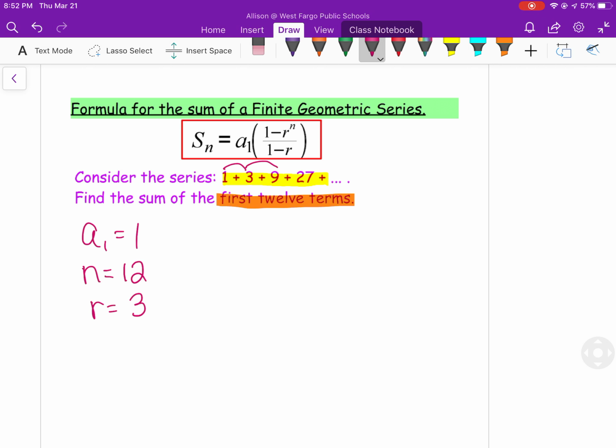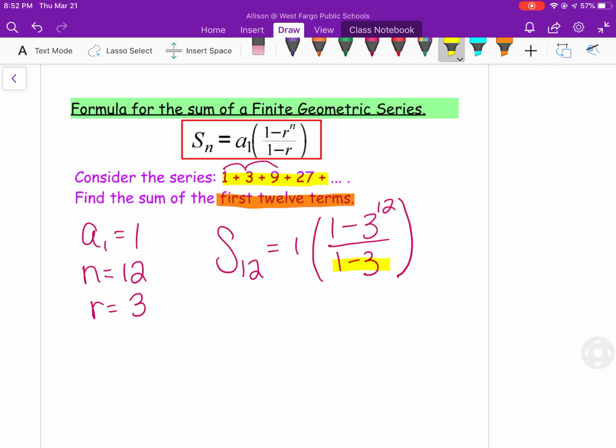So r is 3. The sum of the first 12 terms, S sub 12, will equal 1 times the quantity (1 minus r to the n), which is 1 minus 3 to the 12th, over 1 minus r, which would be 1 minus 3. Simplifying the denominator first, I get 1 minus 3 to the 12th over negative 2.